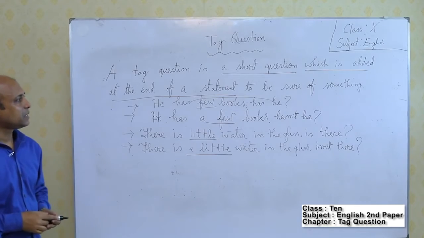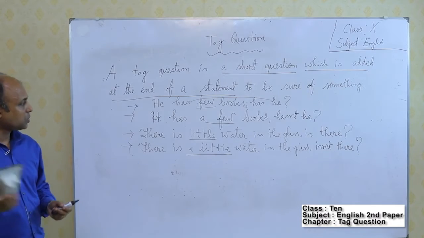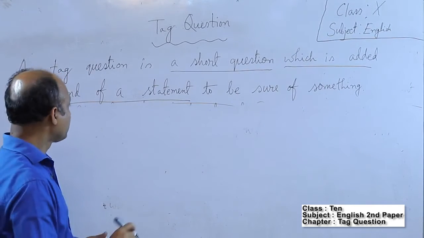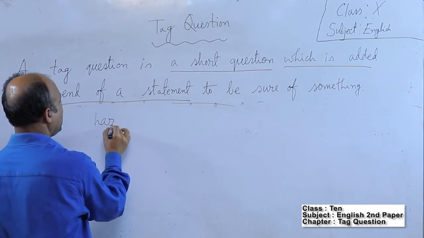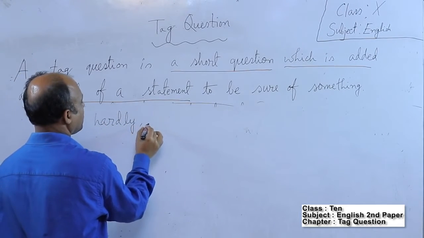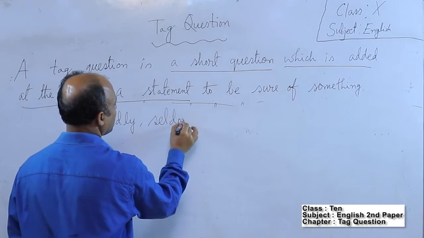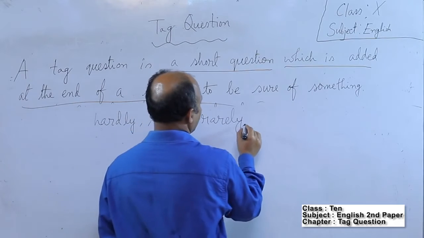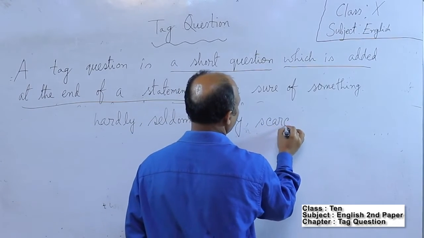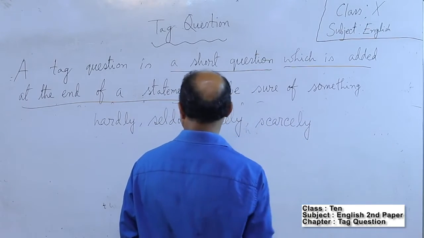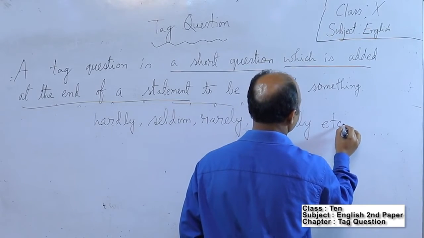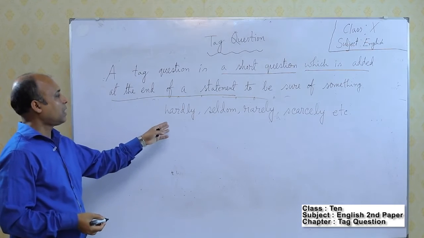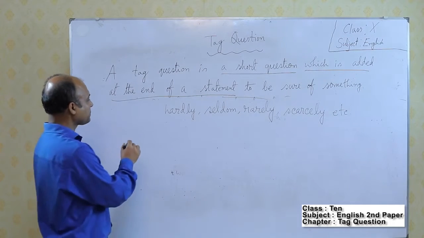Then I will discuss other things also. You also know that there are some negative adverbs. These are hardly, seldom, rarely, scarcely, etc. So if I write down using these adverbs, then what will be?